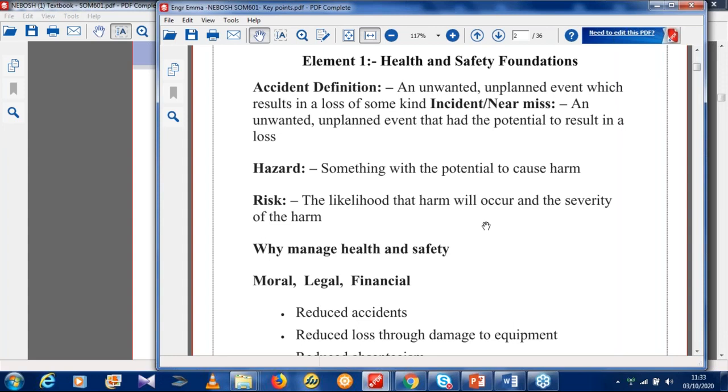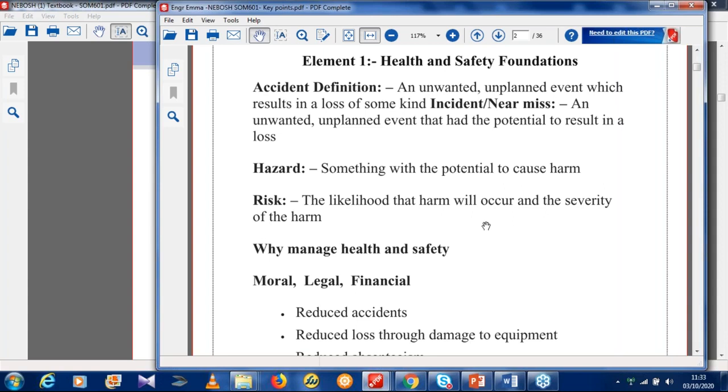Now, remember what I said about near miss. I said an unwanted or unplanned event that has the potential to cause harm or loss is what we define as a near miss.